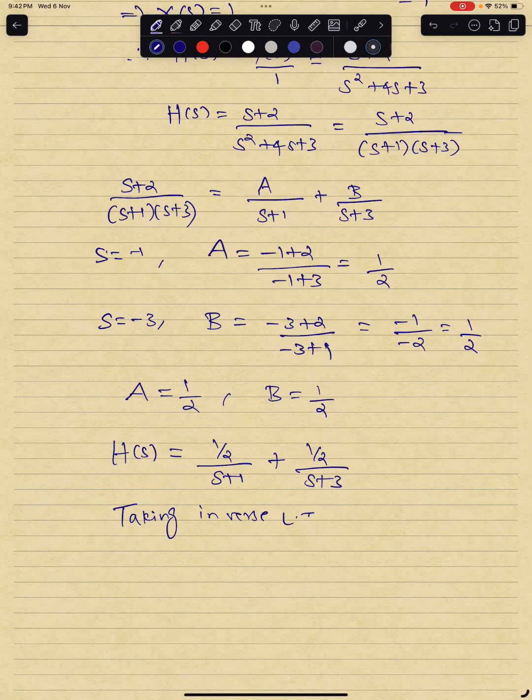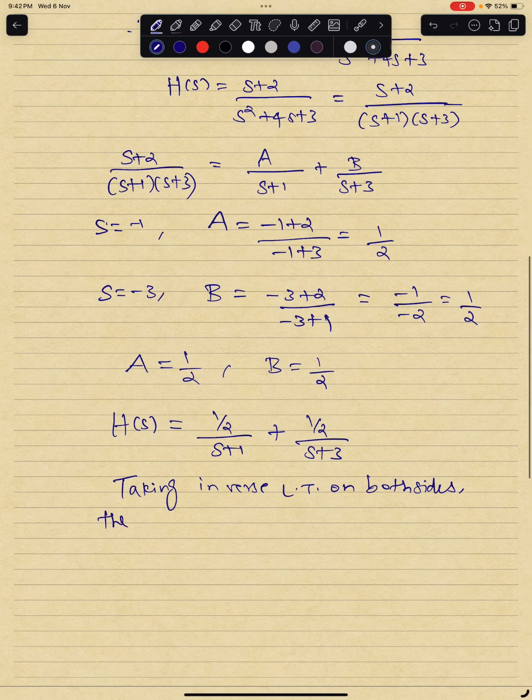Now taking inverse Laplace transform on both sides, what will we get when we take the inverse Laplace transform? We will get the impulse response.